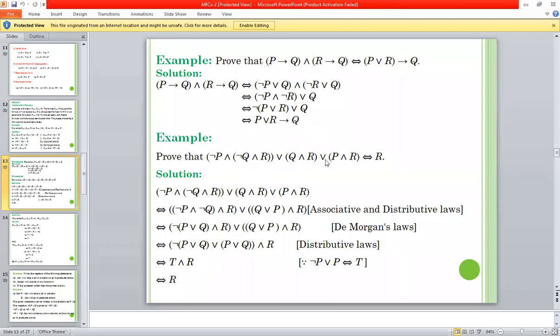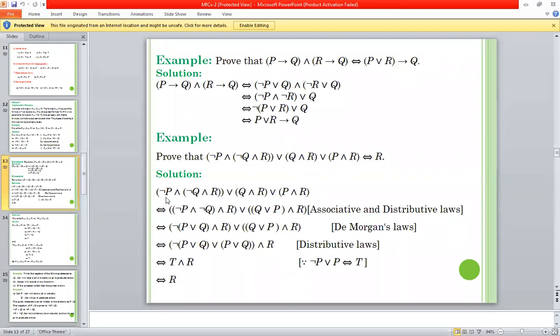Another problem: prove that (negation P and negation Q and R) or (Q and R) or (P and R) is equivalent to R. So we have to show that it equals R. Let us consider the LHS of the given statement.